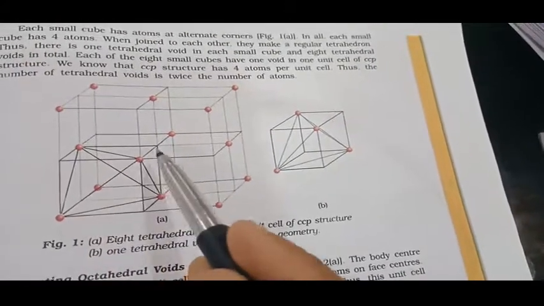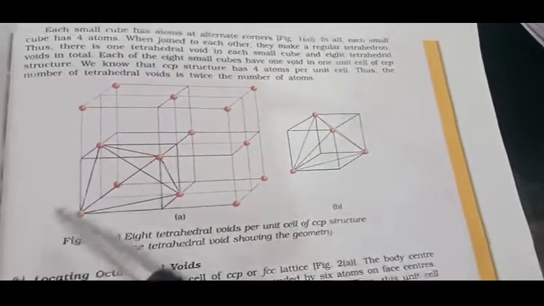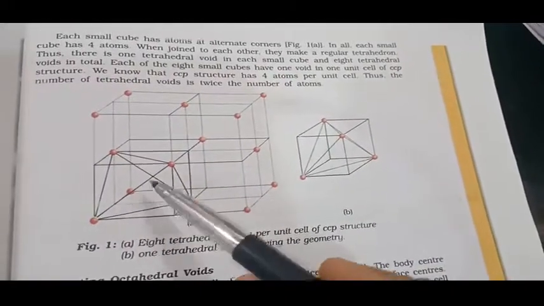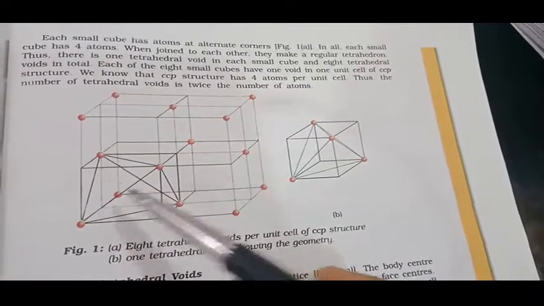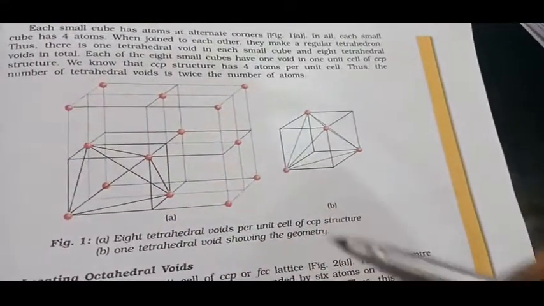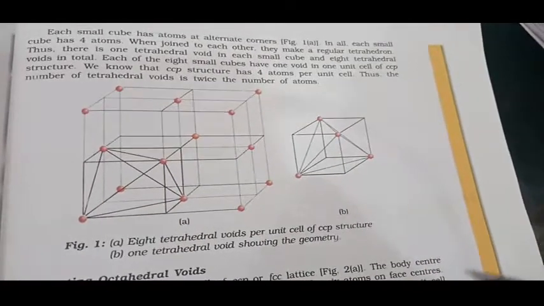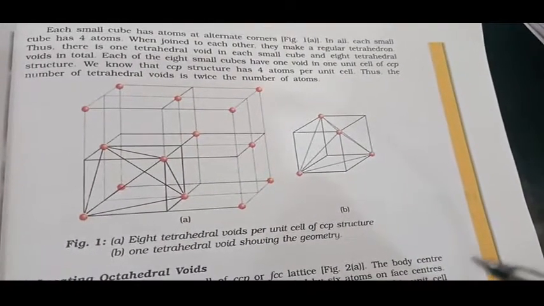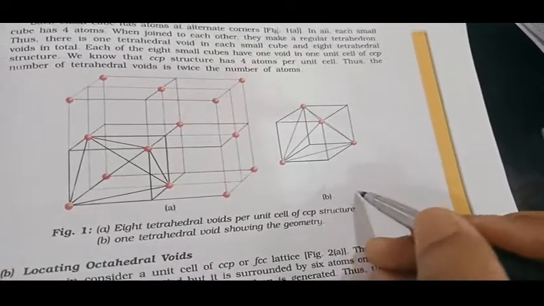This is one small portion, a small cube. The total number of small cubes in this structure is 8: 1, 2, 3 and 4, and 4 above. If the number of cubes is 8, then the total number of tetrahedral voids is again 8.